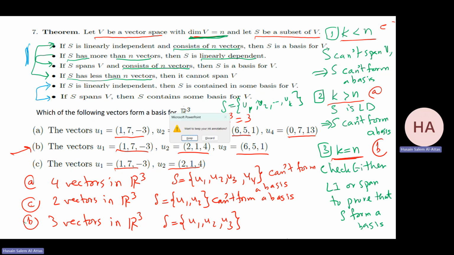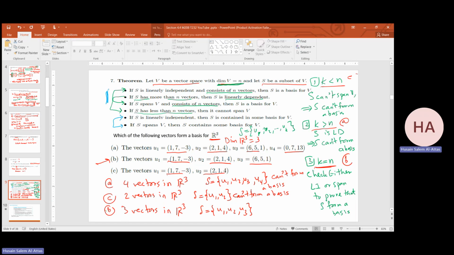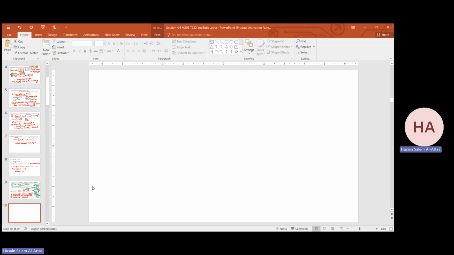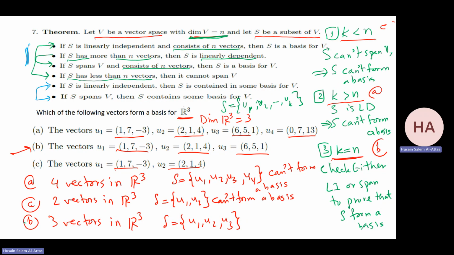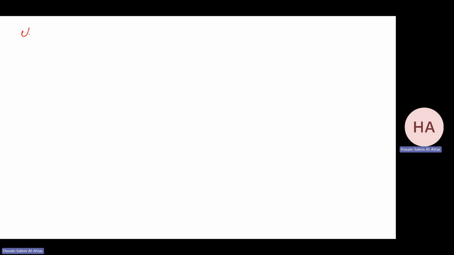So it means I need to do the determinant. Okay, let me do the determinant. Let me make space here and underline the vectors. I have U1: 1, 7, minus 3. This is U1. What is U2?